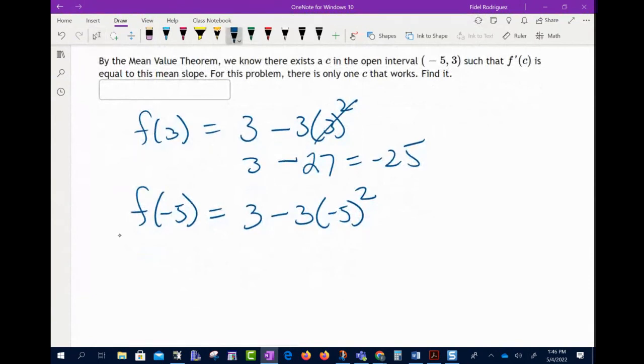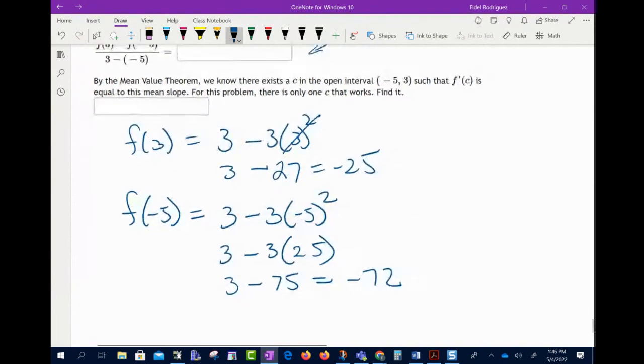What's negative 5 when you square it? 25. Okay, so 3 minus 75. What's 3 minus 75? Negative 72.